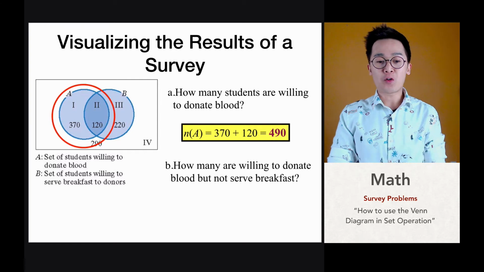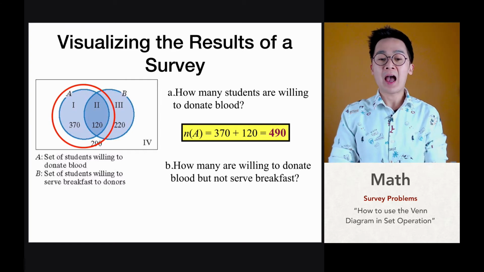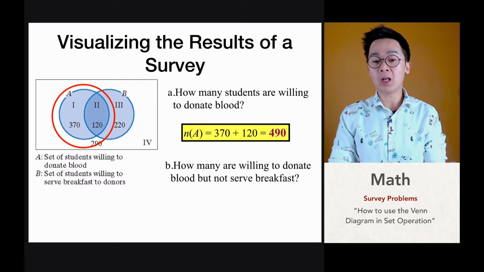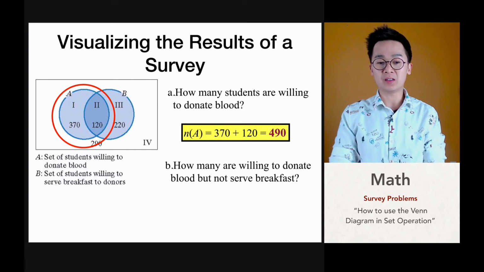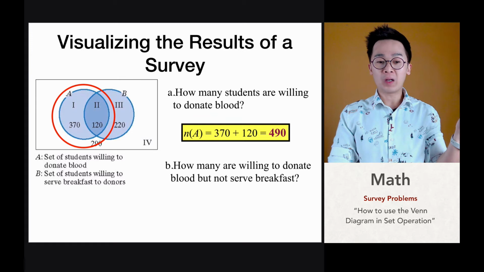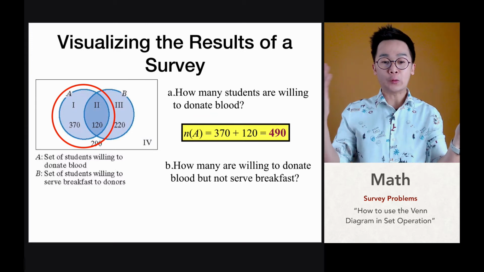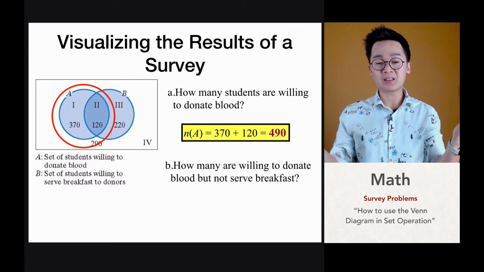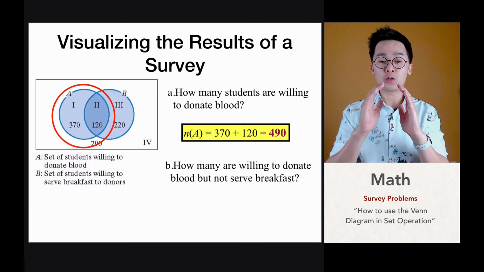Now for letter B, we're going to be counting how many are willing to donate blood but not serve breakfast. Group A are willing to donate blood and group B are willing to serve breakfast, and in the middle are the students who are willing to do both.